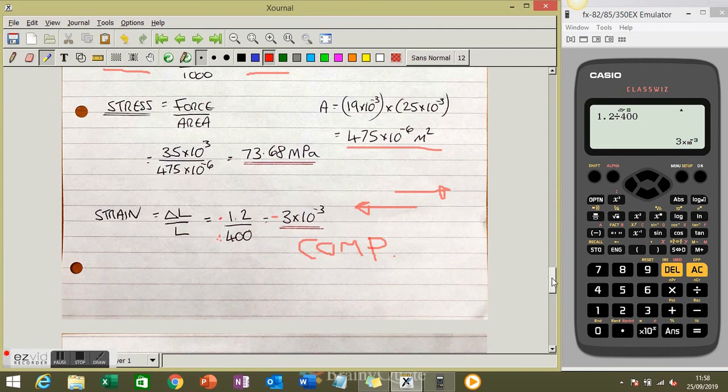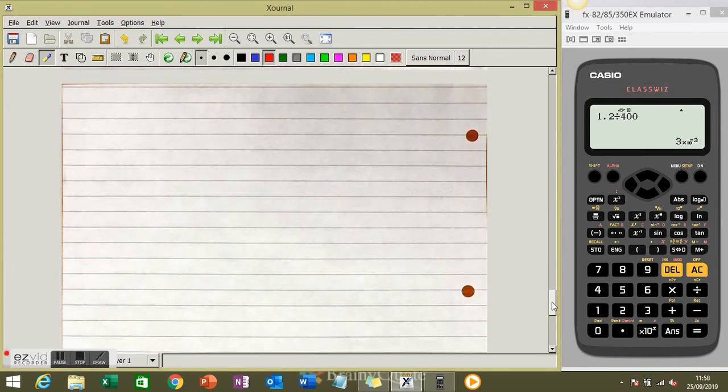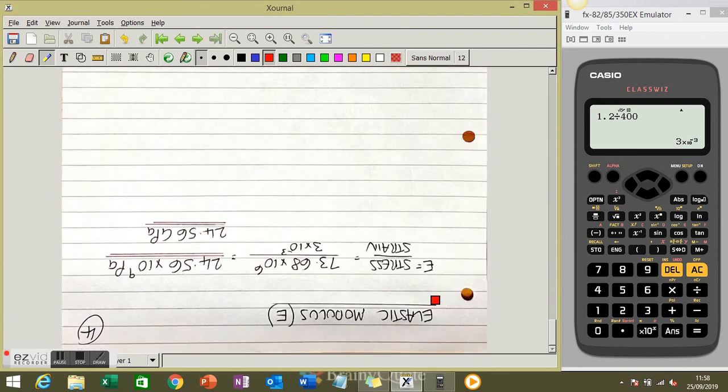On the last one then, also upside down. I have to turn your heads a bit, but stress over strain is Young's modulus. So there's my stress, and there's my strain upside down. Gives me Young's modulus, big number.